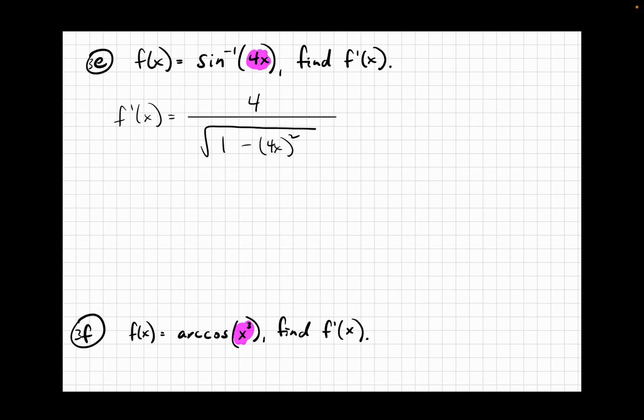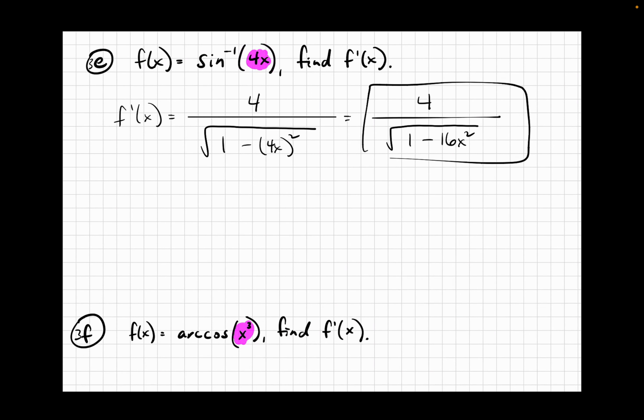That's where 4x is going to go. So I get 4 over square root 1 minus 4x squared. Well, 4 squared is 16. x times x is x squared. Okay? That's as far as you need to go.